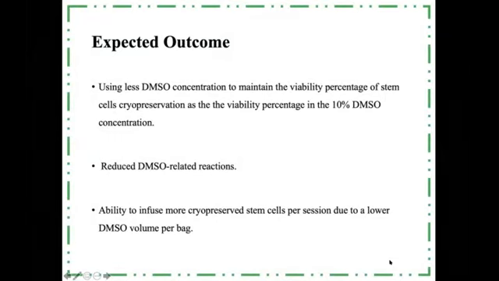And we hope that reducing the DMSO concentration will reduce the DMSO-related reactions, and we would be able to infuse more cryopreserved stem cells per session due to a lower DMSO volume per bag.